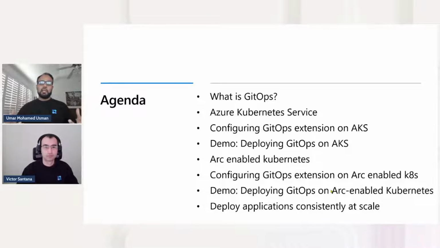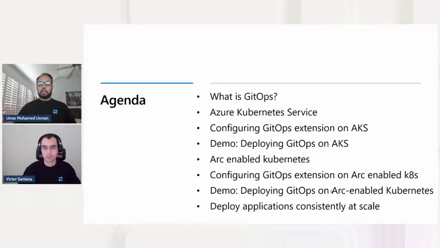How you would really deploy the GitOps extension on AKS. And following that, after a couple of slides, Victor will be taking over to show a demo on how you configure and deploy GitOps on AKS. And once that's done, we'll go into Arc-enabled Kubernetes. Again, we'll level set what is Arc-enabled Kubernetes.